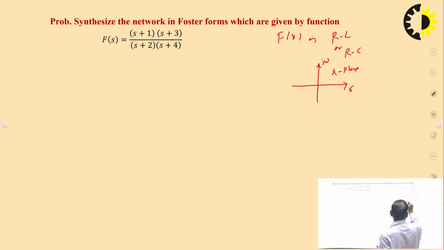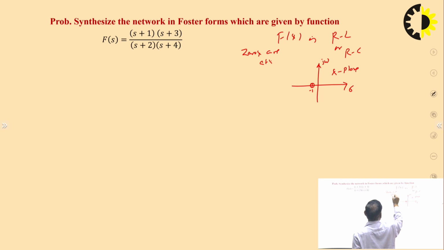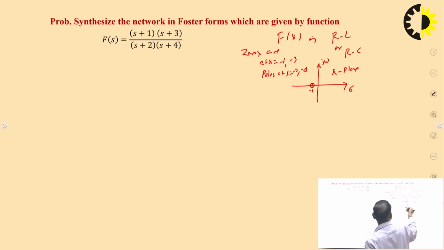So 0 is here at minus 1, and minus 3, because zeros are at s equal to minus 1 and minus 3, and poles at s equal to minus 2 and minus 4. So the singularity nearest to origin is a 0, then we have the pole, then 0, then pole.